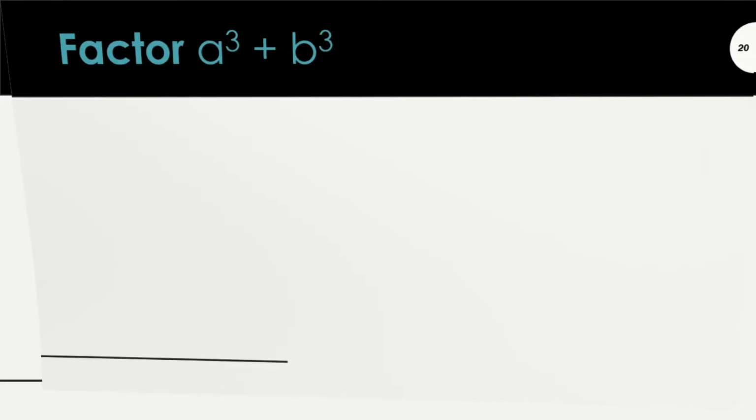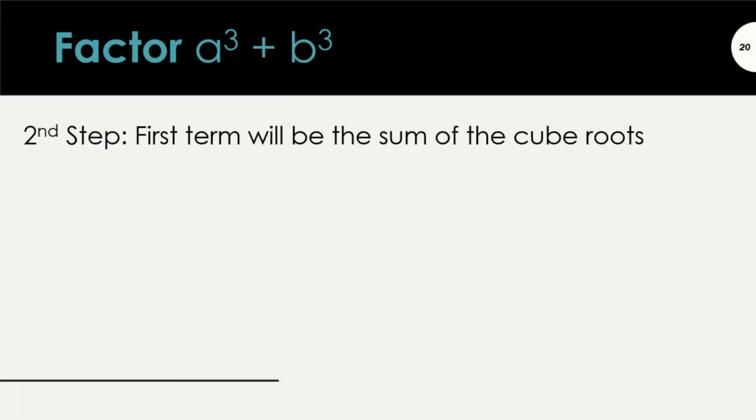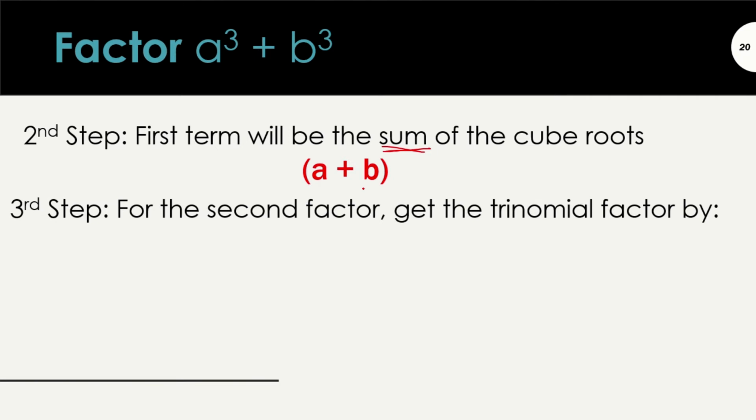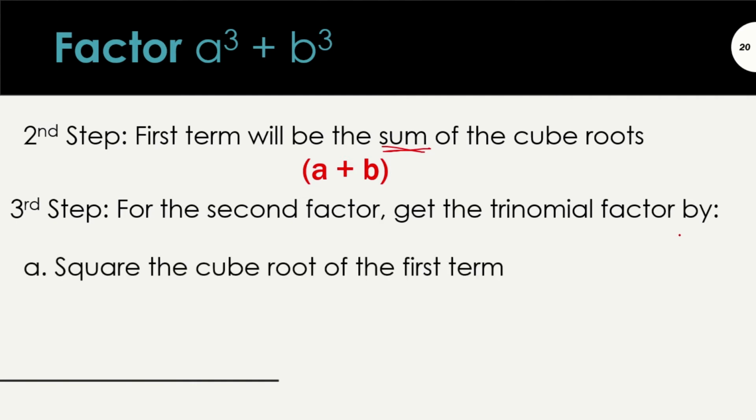Then, after nun, proceed na tayo sa second step. So, second step natin is, we will get their sum of the cube roots. So, to get the sum of the cube roots, we have here a plus b. So, dahil sa step 2, sabi niya is sum, so we use plus. So, third step, for the second factor, we will get the trinomial. So, ang sunod naman natin dito, to get the trinomial, we need to square the cube root of the first term.